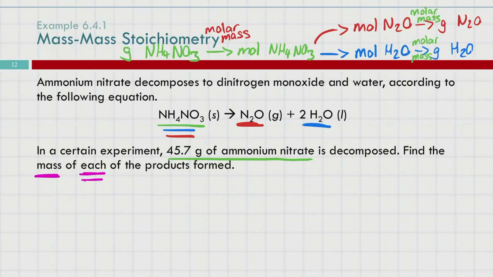And then the last 2 things that we need are ratios, as I often call them. That's our stoichiometric ratio. So looking at the coefficients in our balanced equation for each of our products with our one reactant.